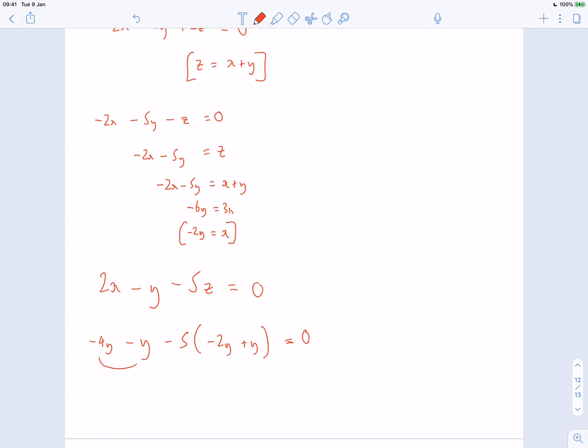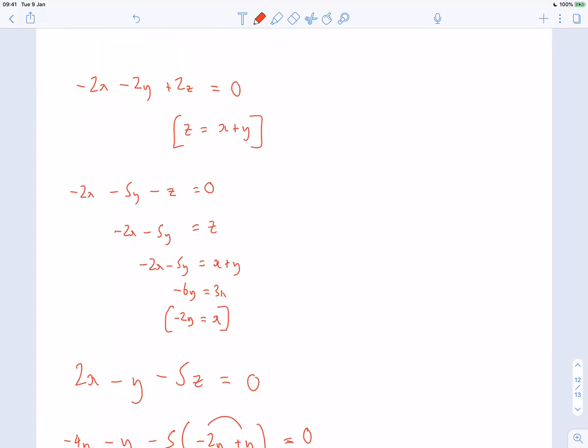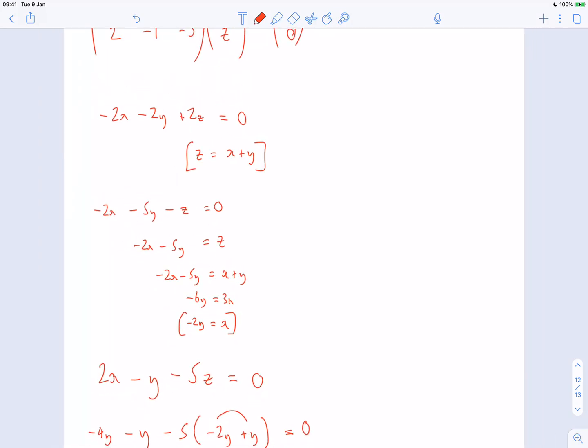So minus 4y minus a y is minus 5y. Minus 2y plus a y is minus a y again. And clearly minus 5 times minus y is plus 5y, and minus 5y plus 5y cancel out. So it doesn't tell us anything particularly new. So now all I have to do is pick a vector that satisfies these two things. The third row satisfies and agrees with the other two, so that's fine, it's consistent.